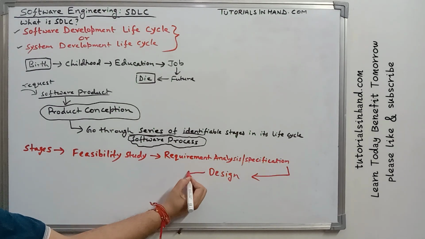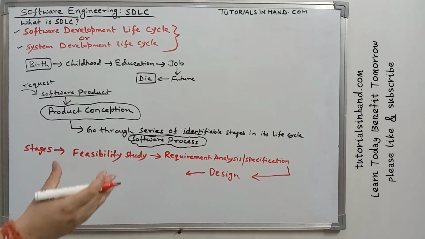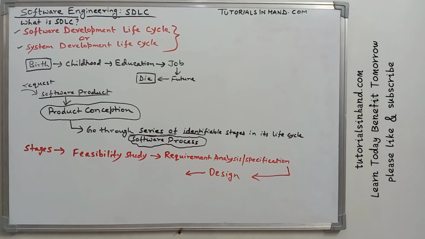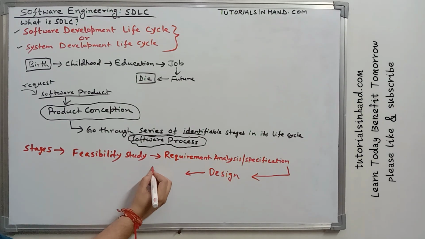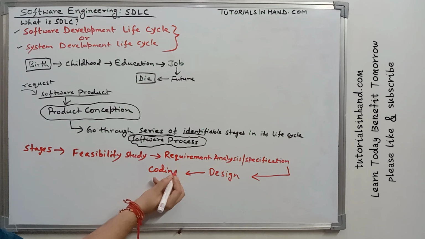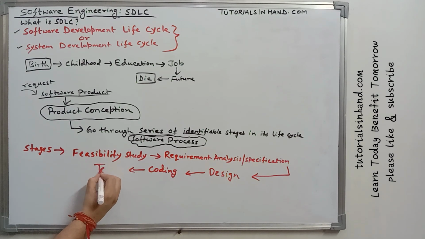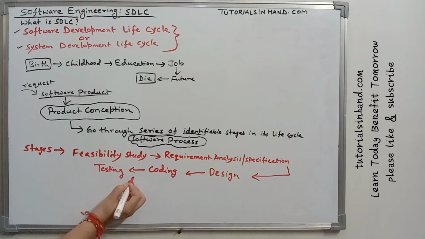Once the design is ready, we will come through different designs like the ER diagram in databases, then you will have DFD models and similar other designs made to understand how to go through the development process. Once that is done, then coding starts. And once coding is done, we will go through testing of that code.